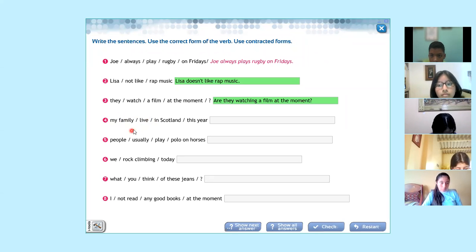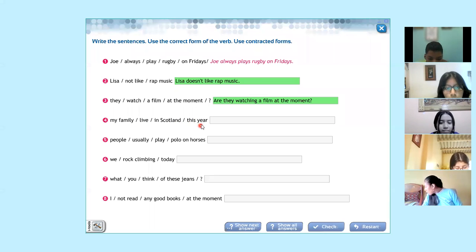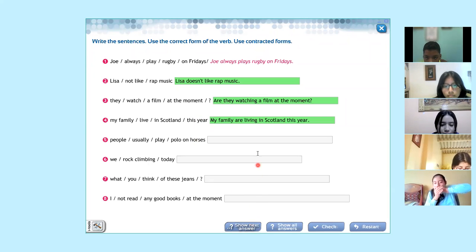My family live in Scotland this year. You're using the present simple, but this year is only a temporary situation.